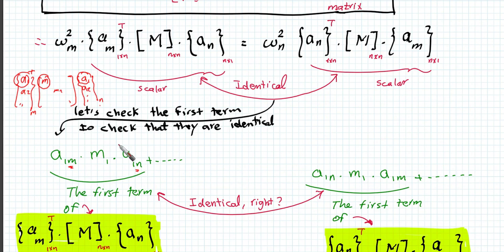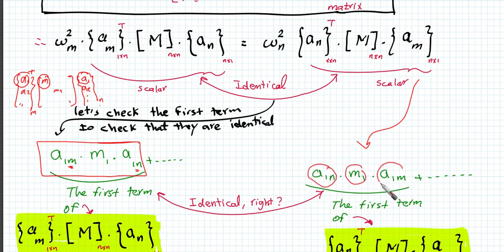You can decompose these. I'm only going to check the first term because I want to let you know that they are going to be the same. This is the first term for the left hand side, and for the right hand side, you can do it by yourself. You're going to find that it is A1N times M1 times A1M. Can you look at this?